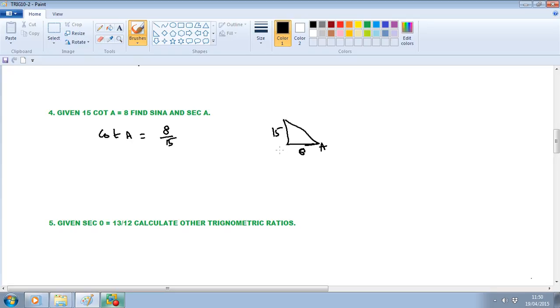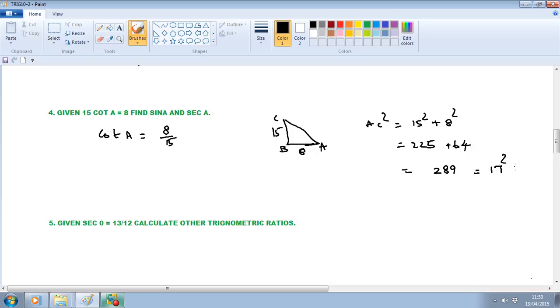Let us take this as BC. Now AC square is equal to 15 square plus 8 square. 15 square is 225, plus 64 is equal to 289. Can we take it as 17 square?